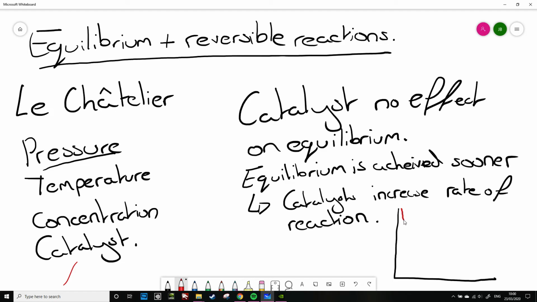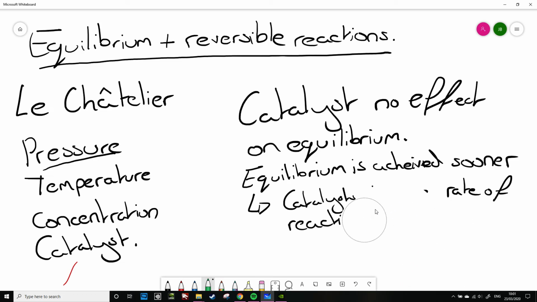We had this sort of thing. I know, terrible drawing for this one. Instead of reaching it at this point, we might actually reach it at this point and be sooner along. So catalyst, no effect on equilibrium, it's just we achieve it sooner.